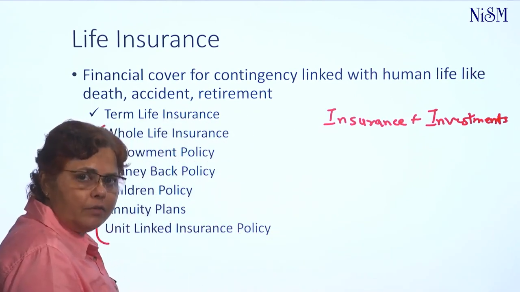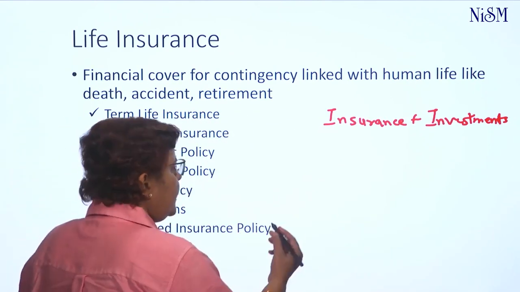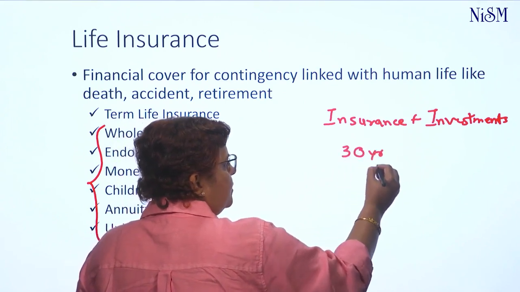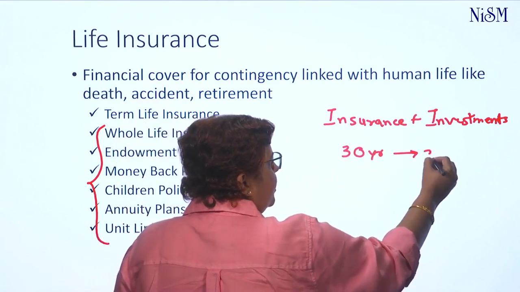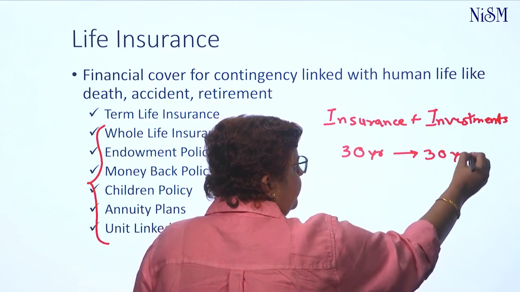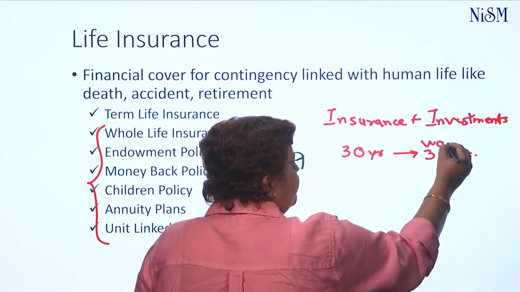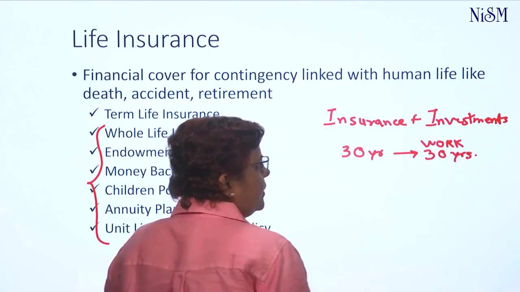Now, what is the meaning of this? Again, let us take the example of the same person. He is a 30-year-old person. He is going to continue to work for the next 30 years. That means his retirement will be at the age of 60.